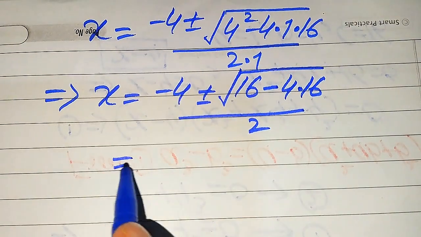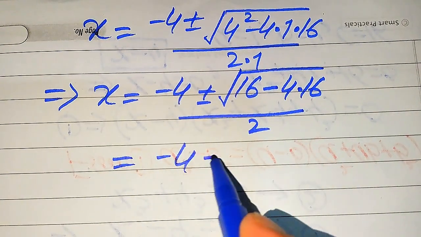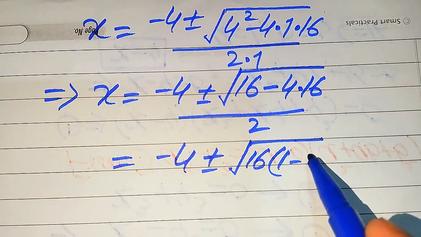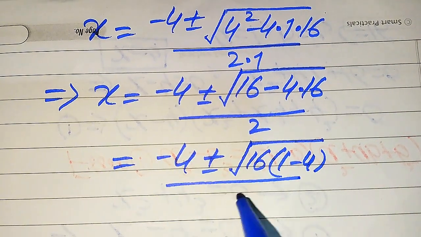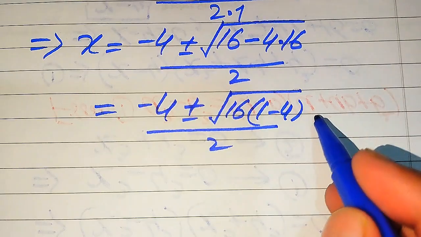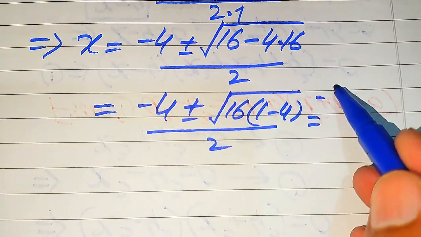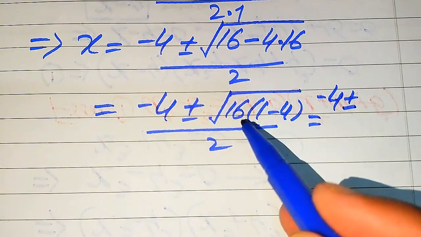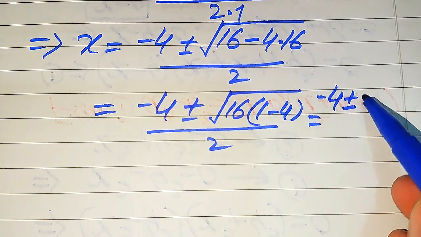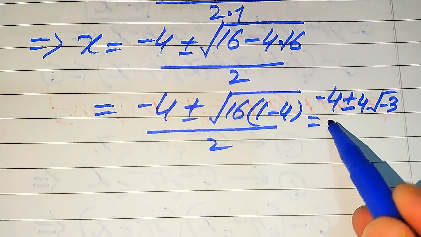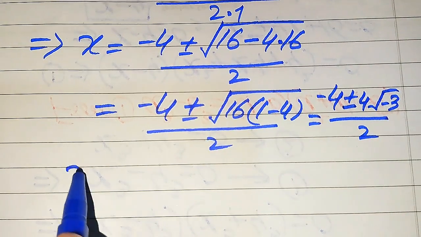Here we need to take 16 common inside the square root sign, and when we take 16 common it becomes 1 minus 4, divided by 2. Here we apply the square root separately on both of these values and it becomes minus 4 plus minus. We know that the square root of 16 becomes 4 and the square root of 1 minus 4 becomes the square root of minus 3, and it is divided by 2.